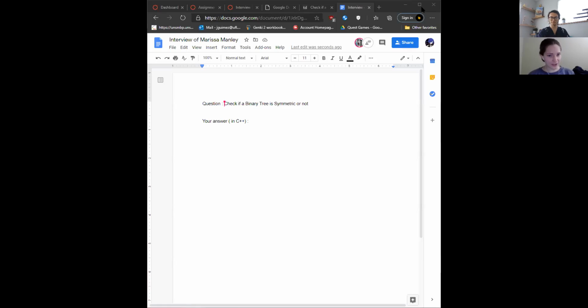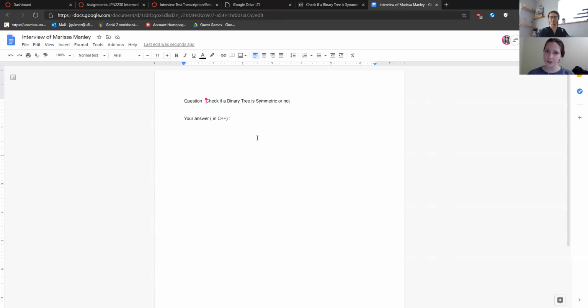So, the question is if a binary tree is symmetric or not. Perfect. So I'm assuming for the algorithm, I will be working on a method, and it will most likely take in the root of a binary tree, and from there should determine based on the binary tree if it is symmetric.